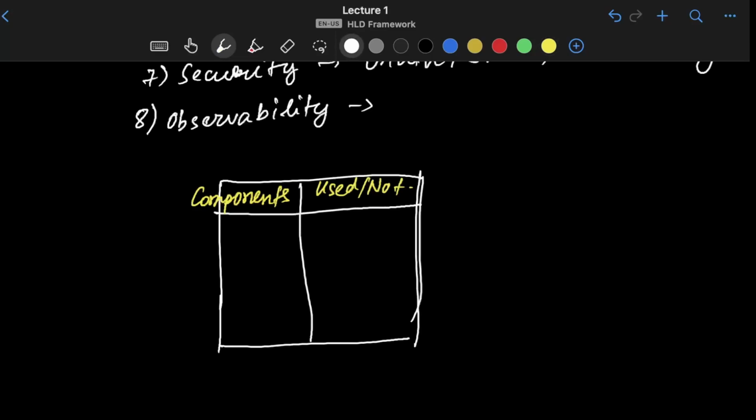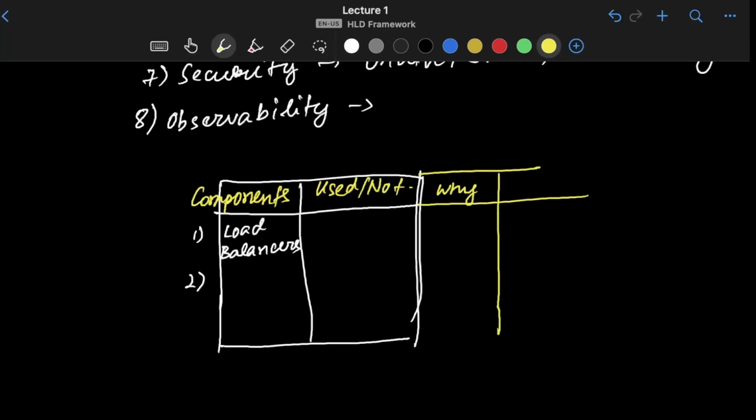For any HLD topic which you are studying, you can put load balancers, whether they are used or not, why they are used, and where they are placed.